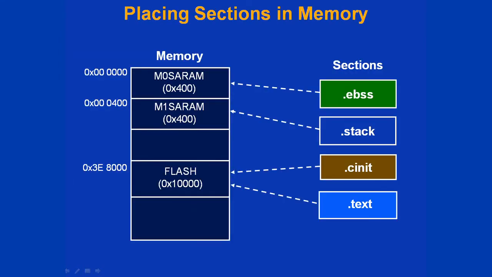Next, we need to place the sections that were created by the compiler into the appropriate memory space. The uninitialized sections .ebss and .stack need to be placed into RAM, while the initialized sections .cinit and .text need to be placed into Flash.